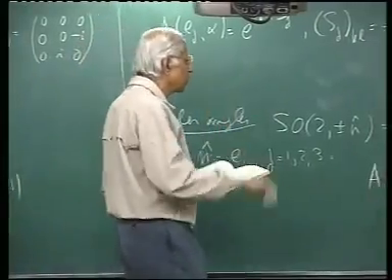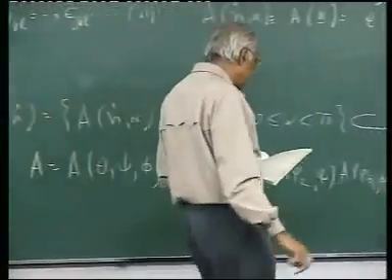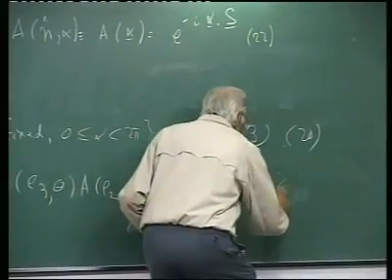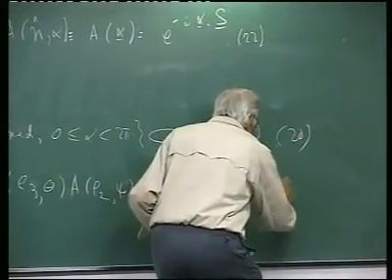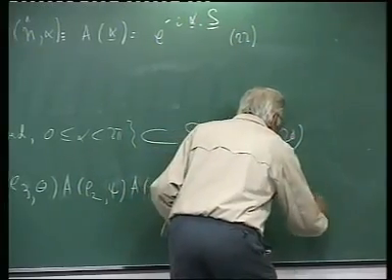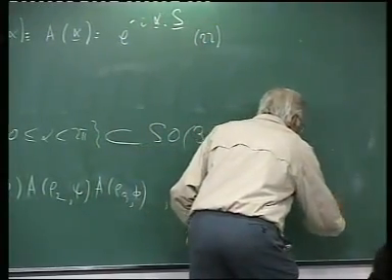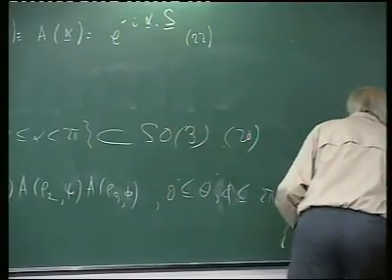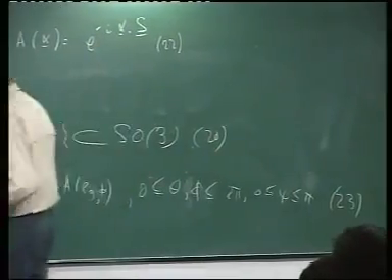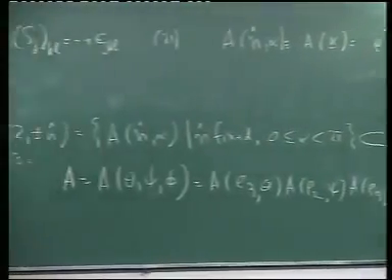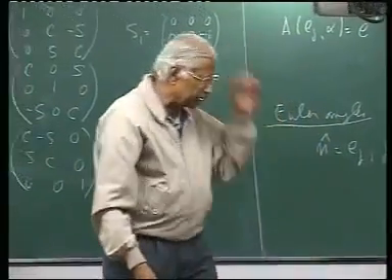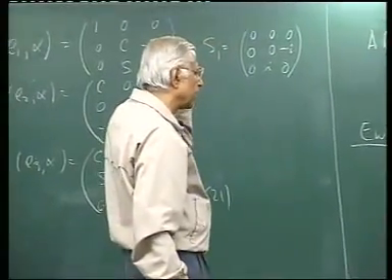With three such factors and suitable ranges for the variables, you can be sure that you will cover all group elements. You allow theta and phi, the first and the third, to run over 0 to 2 pi, and you take for the middle angle psi only 0 up to pi. That is good enough.